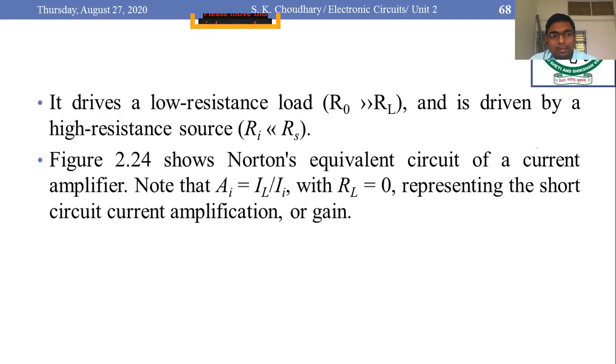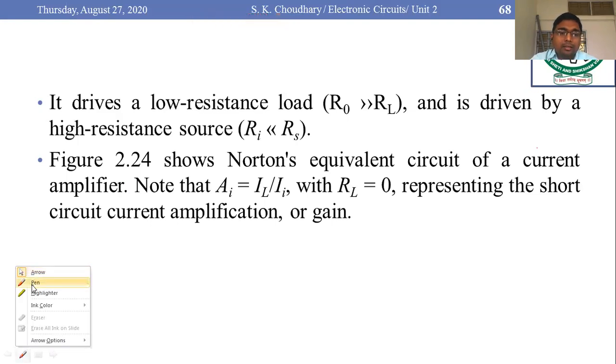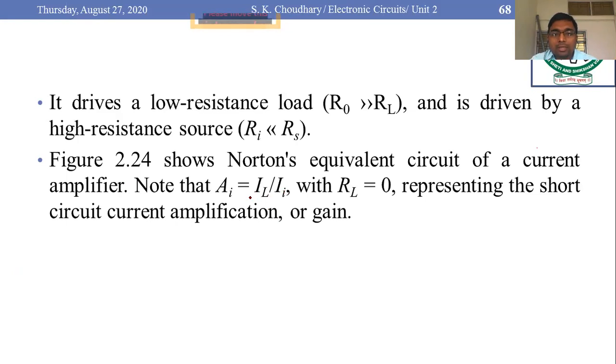So if you refer to figure 2.24, Norton's equivalent circuit of the current amplifier has been shown, and there, as I have already told you, your output current IL or I0 is proportional to the input current Ii.